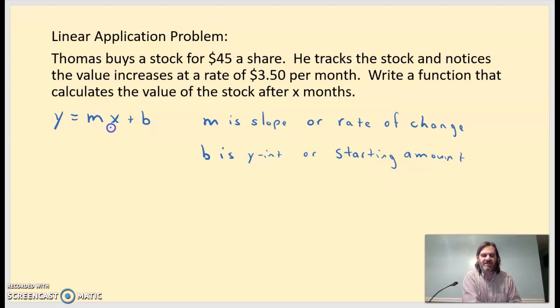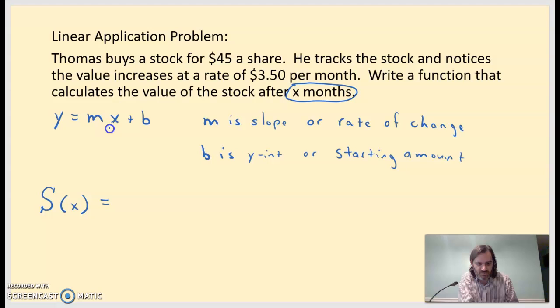So when we write this as a function, let's give it a good name. It's a stock, so let's call it S for stock, and we'll make it S of x, the stock value after x months. I wanted to use m, but that doesn't work well with the m for the slope. So we need how it's changing.